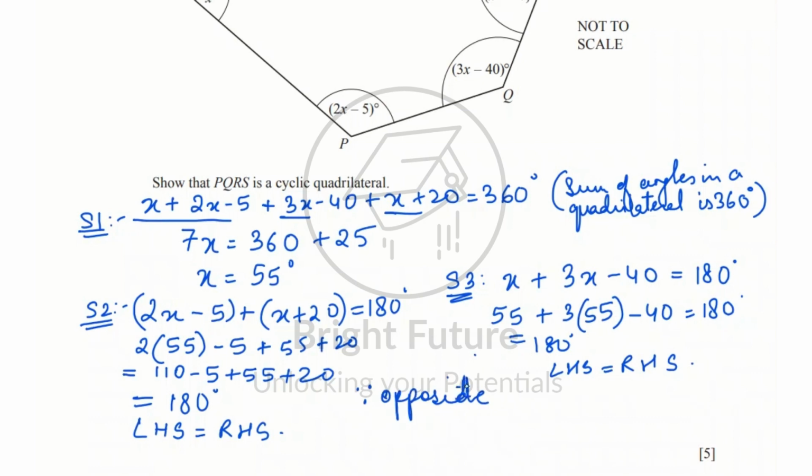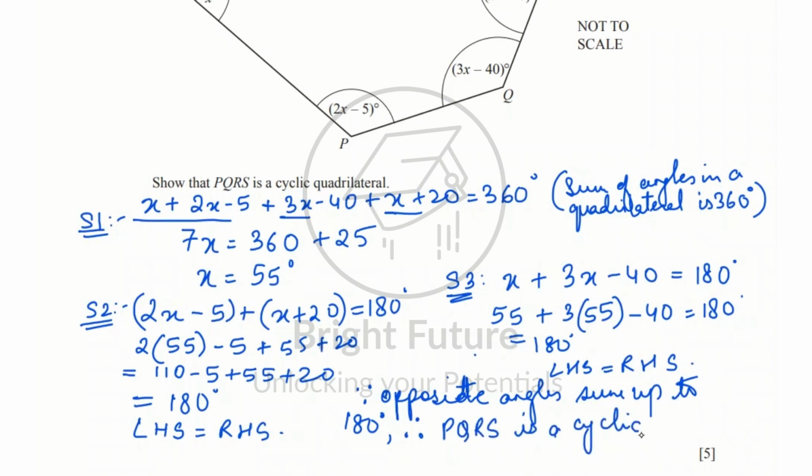Since it is a show that question, it's important to write, hence proved. It's a 5 mark question, so all these steps carry marks and you get 1 mark for writing the statement.